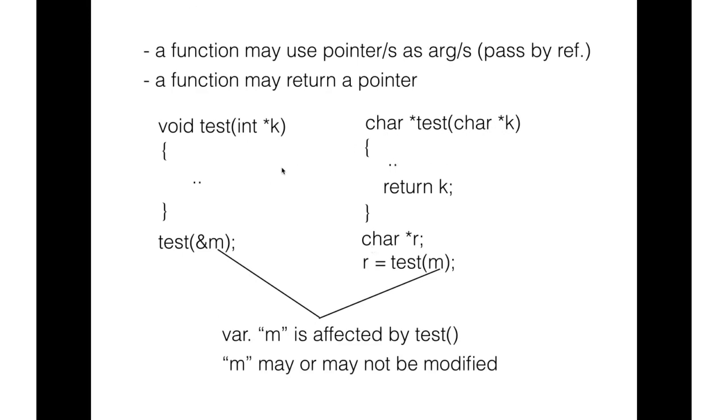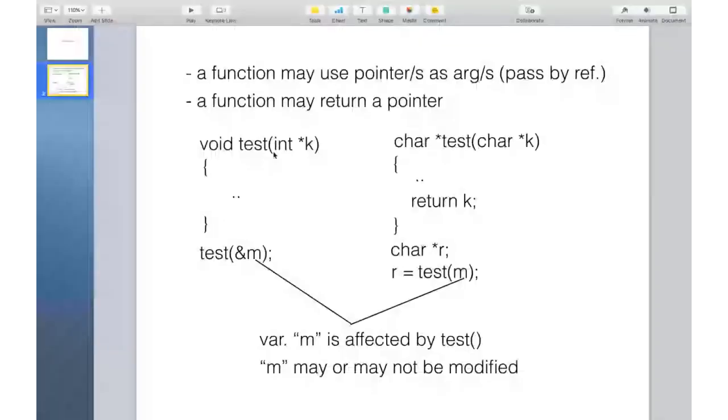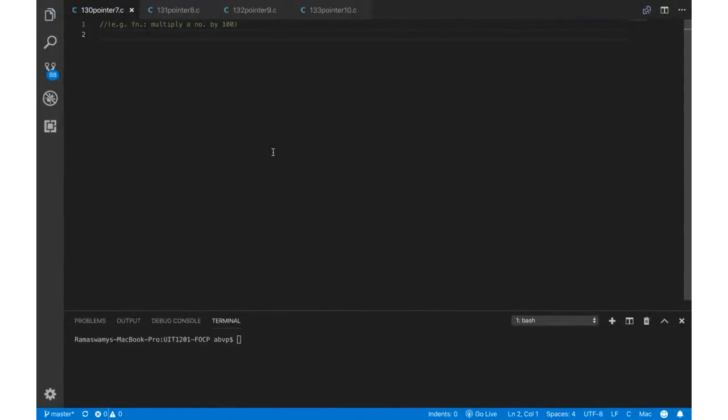So let us see a couple of programs in C to see this concept in action. Let us write a C function using pointers to multiply a number by 100.